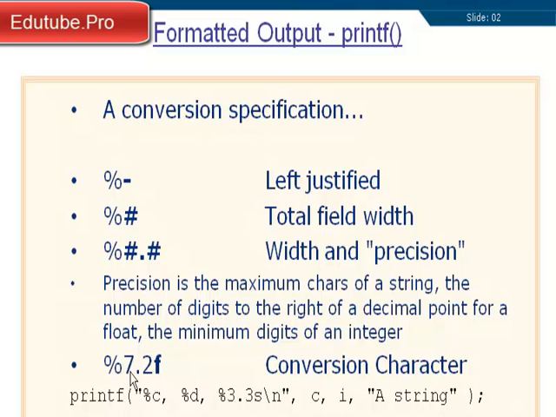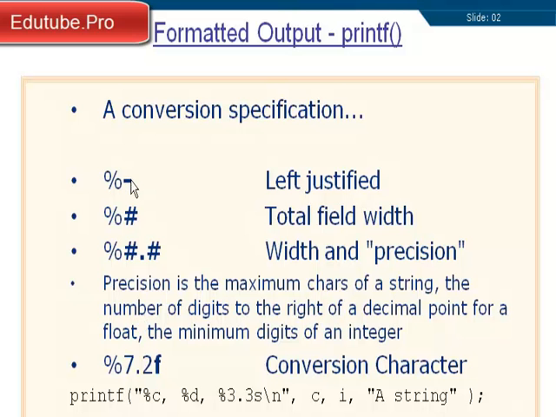Because it's 7 wide. If there's an integer value that you're printing, then the .2 will be the minimum number of digits to print of the integer. So really what that means, if you have a number here that is larger than the number of digits that are in the integer, 1, 2, 3, 4, 5, however many you have in the integer, if that number is larger, it will be 0 padded to the left or the right, depending on whether you have used, again, the left justification.